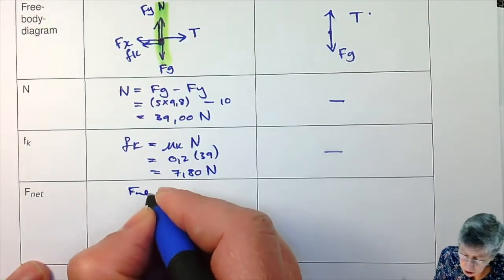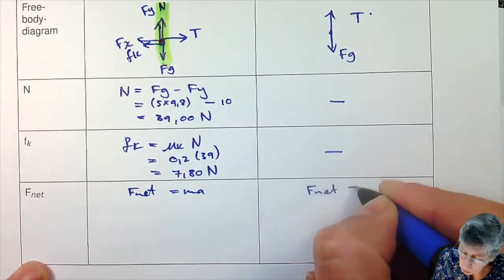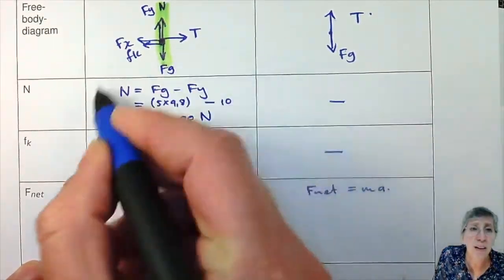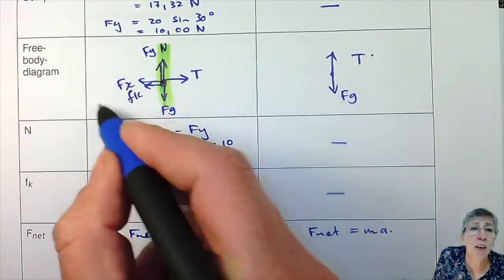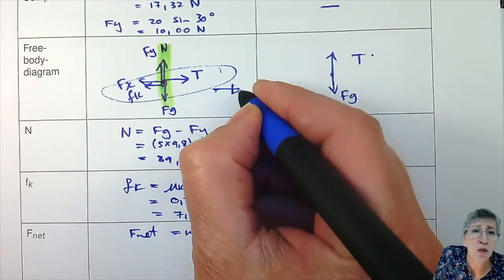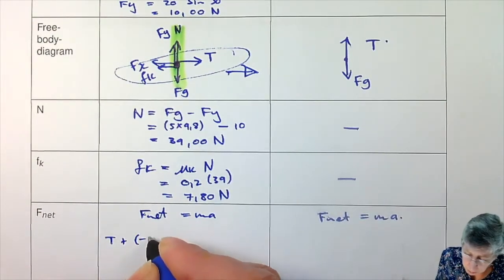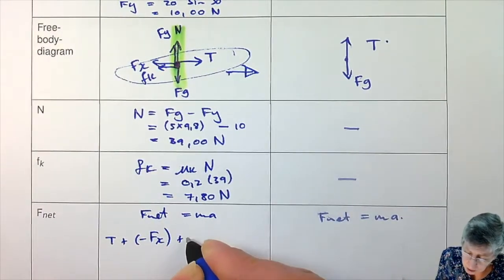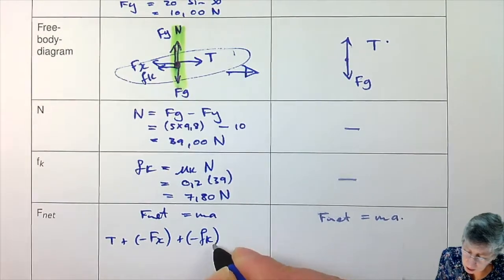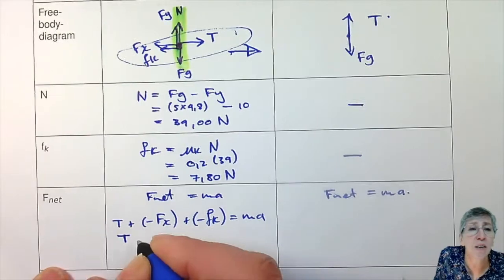So here we're going to say F net equals m times a. And there F net equals m times a. Right. Now, remember, now we are going to look at the direction of movement, and it is moving to the right. So here, this will be T plus minus Fx plus minus Fk, that is equal to m times a. T is the unknown.